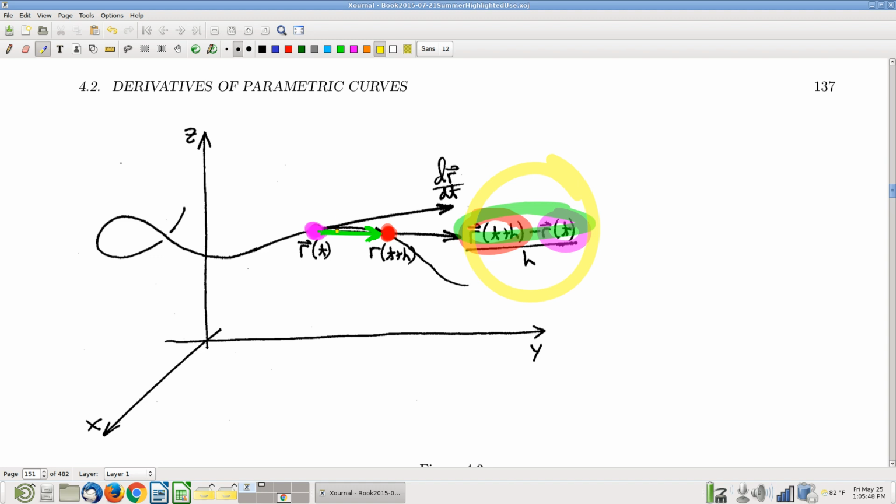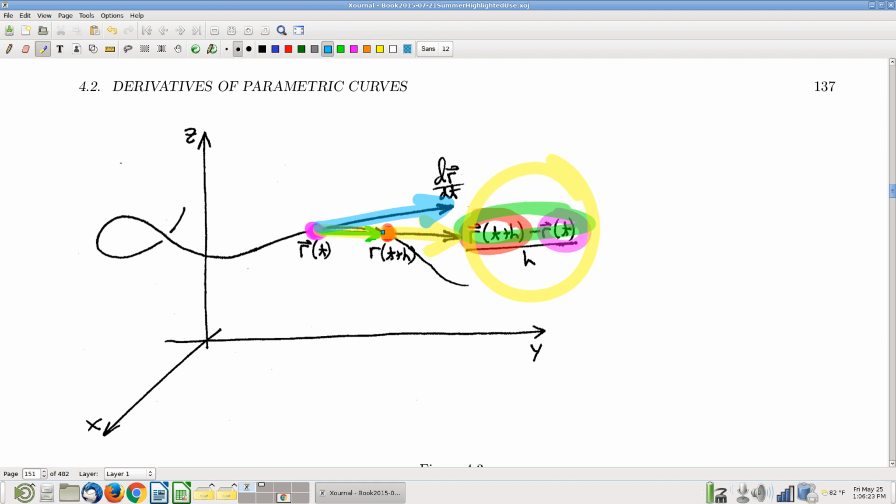So there's this sort of competing forces thing going on here, that as h gets smaller and smaller, the numerator vector is getting shorter and shorter, but I'm dividing by a scalar that is also getting smaller and smaller. And so in the limit, we expect, well, who knows? Algebra will decide on that. But you would not be surprised if there ended up being some vector in the limit of finite length, non-zero finite length.